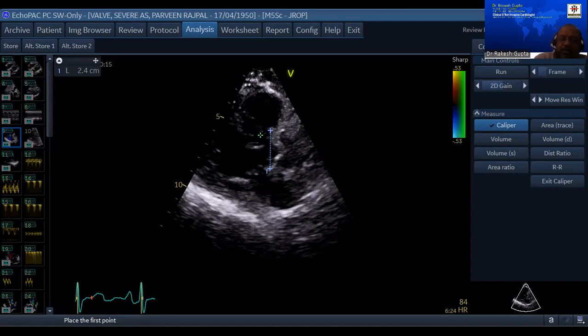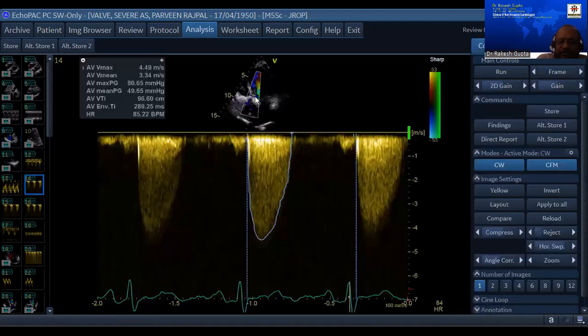All these parameters, LVOT VTI and LVOT area, we calculate by parasternal window, and then aortic valve VTI and LVOT VTI either in 5-chamber view or in 3-chamber view or in right parasternal window or subcostal window or suprasternal window, and the sixth which you taught you is a right anterior oblique view.